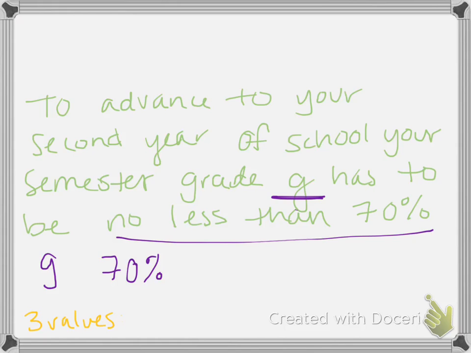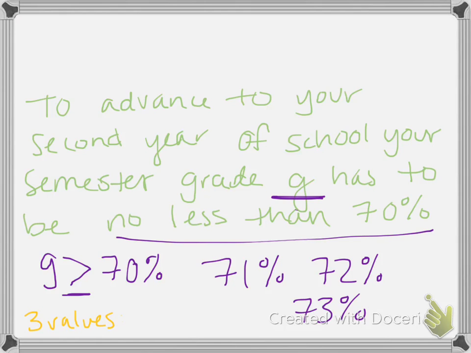So everything I have has to be greater than that, okay? It can be no less than 70%, but it looks like it can be 70%. So it can be greater than or equal to 70%. So 71 works, 72 works, 73 works, okay? So there are 3 different values that would work if I put them in.